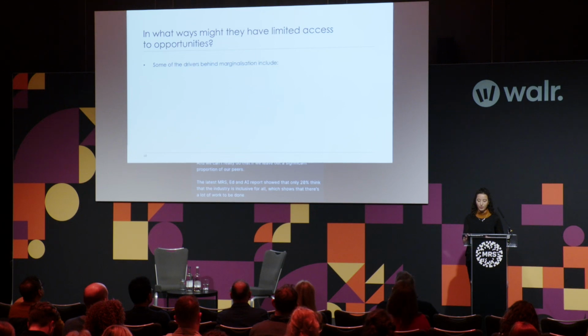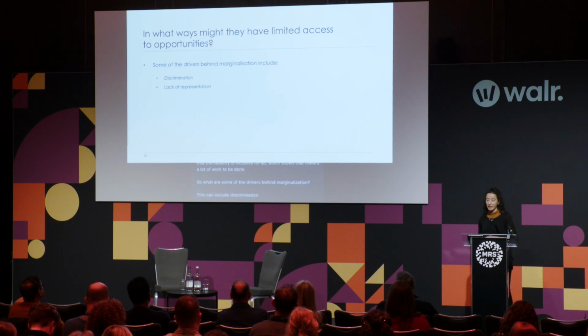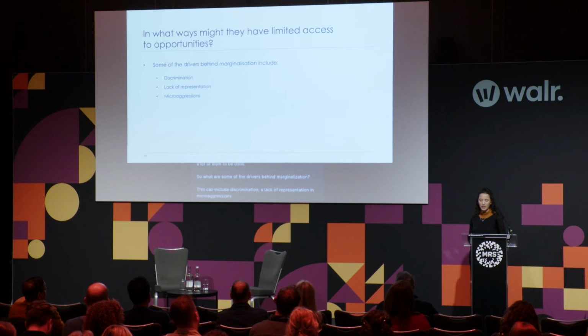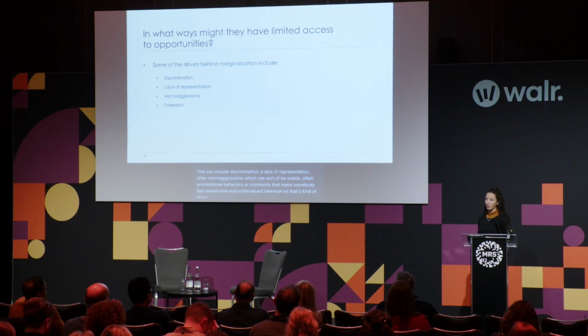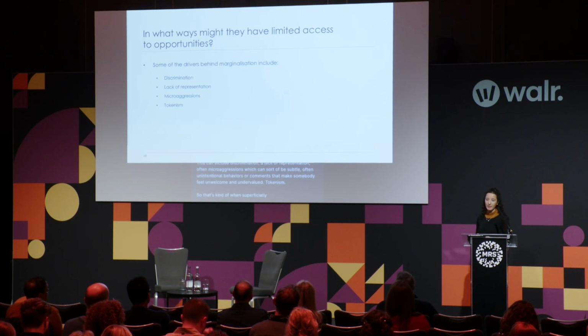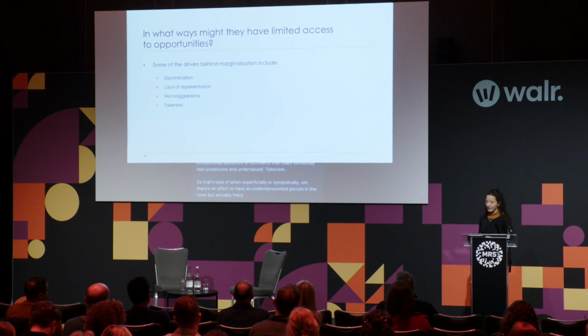So what are some of the drivers behind marginalisation? This can include discrimination, a lack of representation, microaggressions, which can sort of be subtle, often unintentional behaviours or comments that make somebody feel unwelcome and undervalued. Tokenism, so that's kind of when superficially or symbolically there's an effort to have an underrepresented person in the room, but actually their opinions aren't valued.